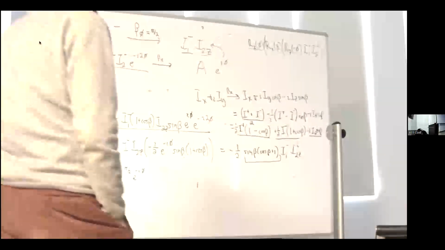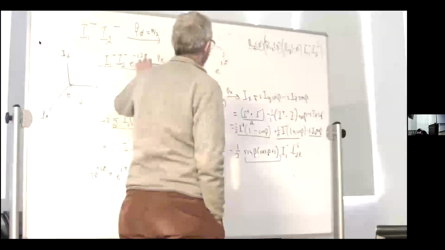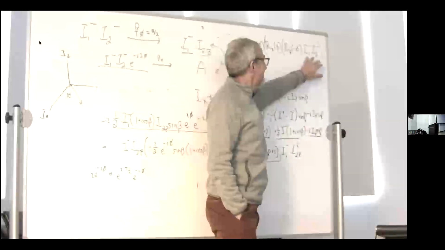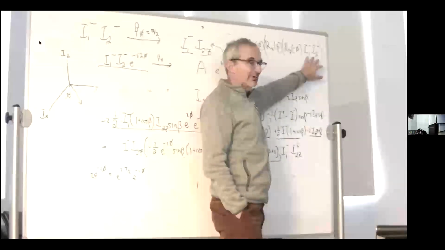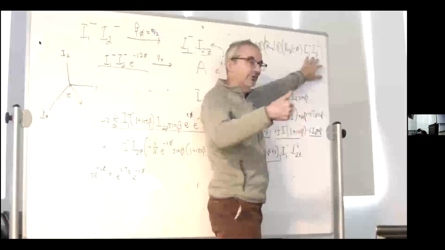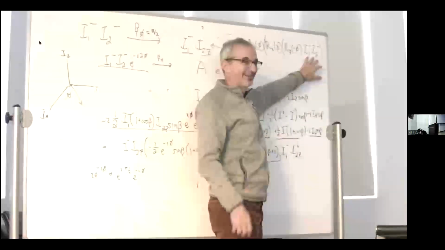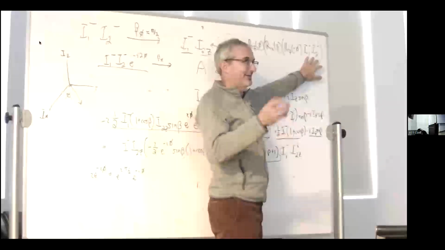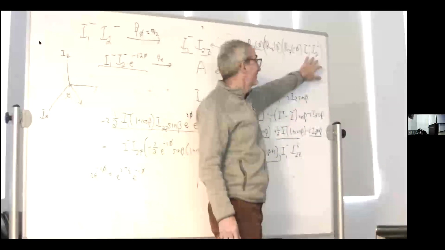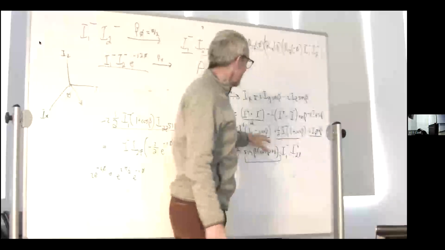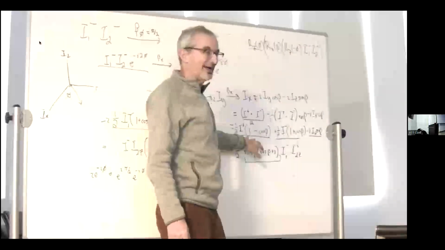You also see here something that's always the case. These raising and lowering operators are particularly convenient when you rotate around Z, because you just pick up a phase factor, and the only ambiguity is whether it's a negative or positive phase factor. But they're much more complicated when you have to apply a pulse.